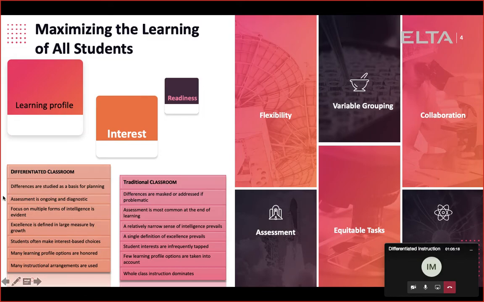And as you see here, just not to go into lots of details in only one slide, I would go with the first three examples. In the differentiated classroom, the differences of the learning styles are studied as a basis for planning, which means that the teacher is going to consider every single difference as a plan of improvement or application, certainly one that all the students are going to benefit from.